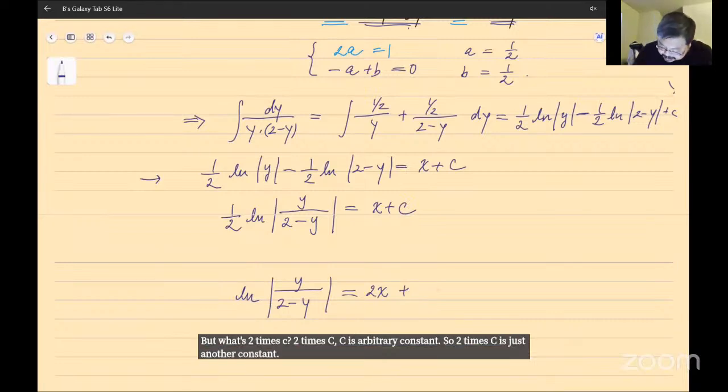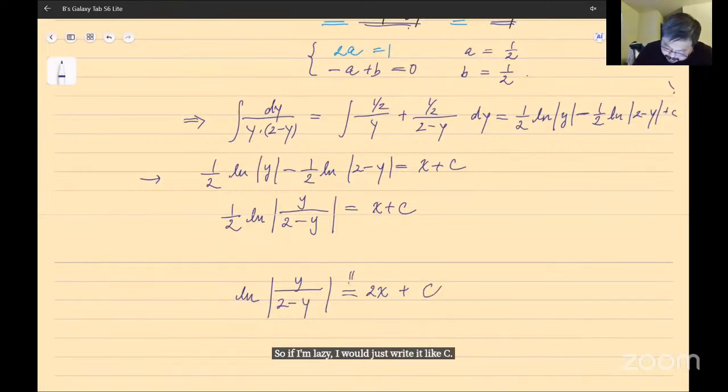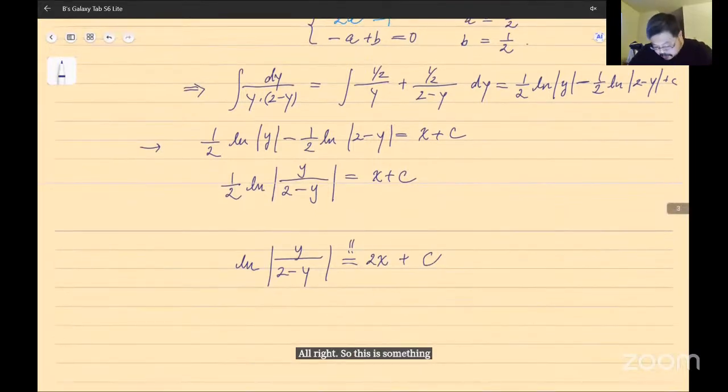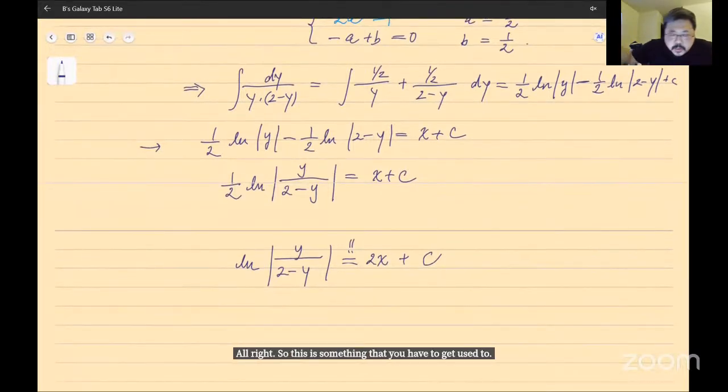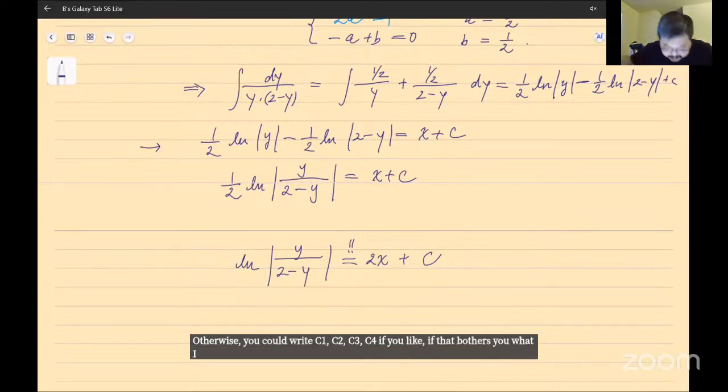So if I'm lazy, I will just write it like c. And I again use an exclamation mark to denote I abused the constant. All right. So this is something that you have to get used to. Otherwise, you could write C1, C2, C3, C4 if that bothers you, but you're just going to get a lot of C's at the end.